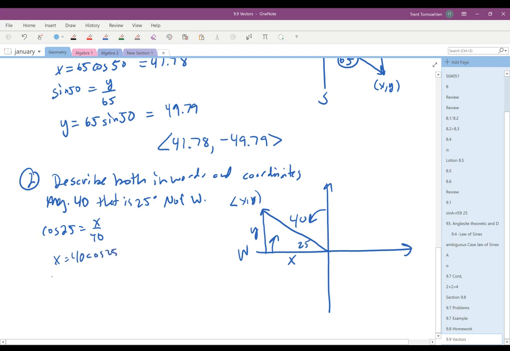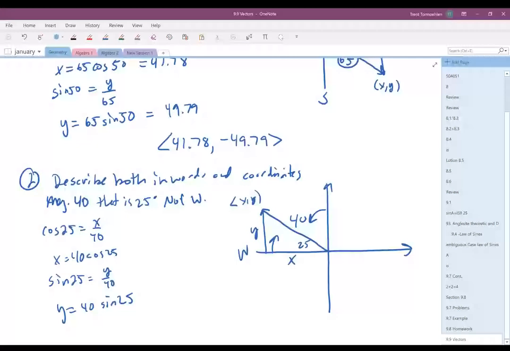And then the sine of 25 equals y over 40, so y equals 40 sine 25. Type both of those into your calculator, and 40 cosine 25 gives you 36.25. And for y, 40 sine 25 gives you 16.90.